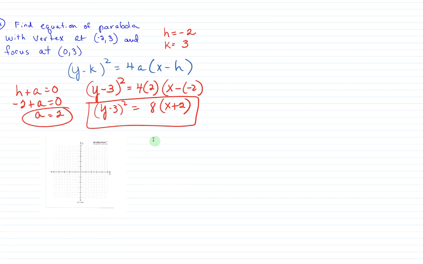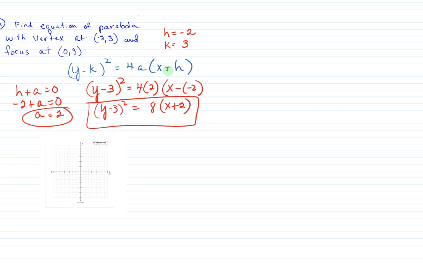On this, I just want to show you real quickly, and then we'll see what we've got in the problems. If you had a vertex at (negative 2, 3), so h is negative 2, k is 3, and a focus at (0, 3), well, y minus k squared equals 4a times x minus h. The k we plug in just like that.